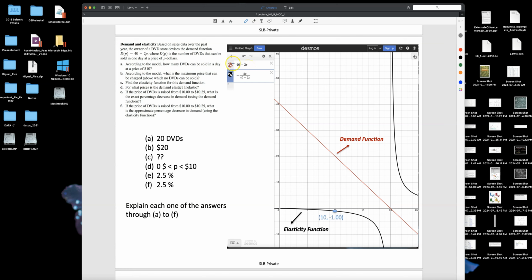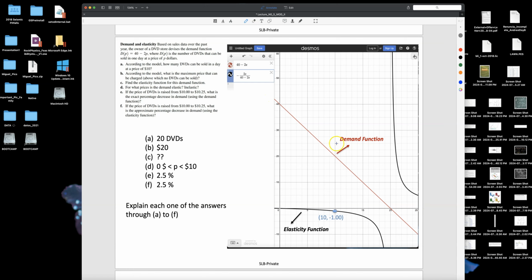Okay, so this is the demand function for the number of DVDs that is sold in that store in one day based on this price, that is in this case X. And I ran that between, I don't know, $0 to $25.